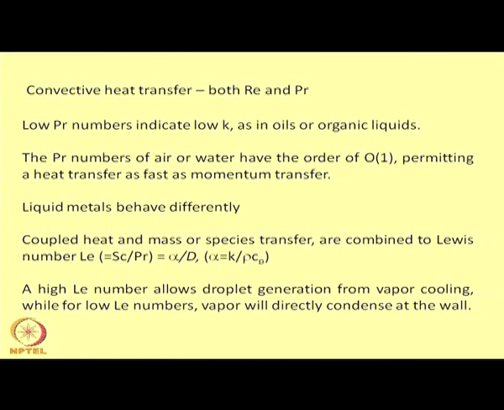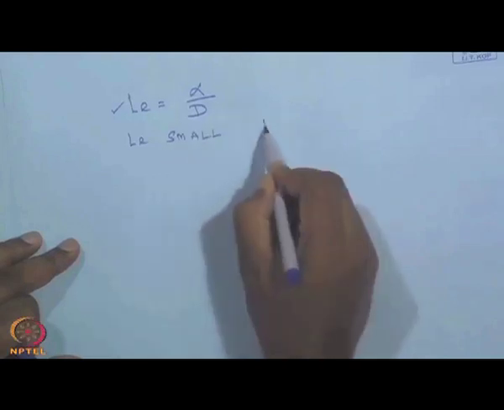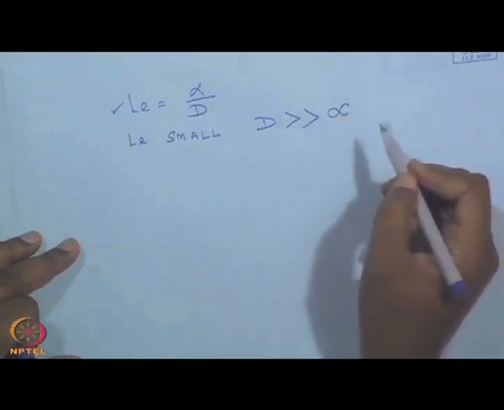So, the vapor will diffuse very fast, because if the value of Lewis number is small, Lewis number is nothing but alpha by D, then it simply tells us that D is going to be quite large compared to the thermal diffusivity.